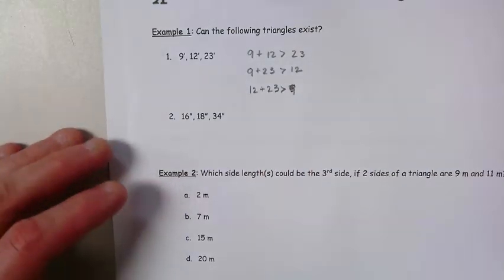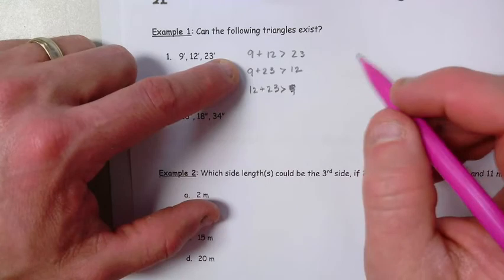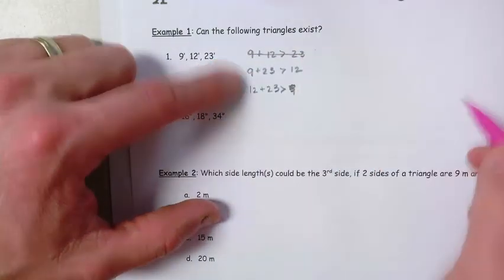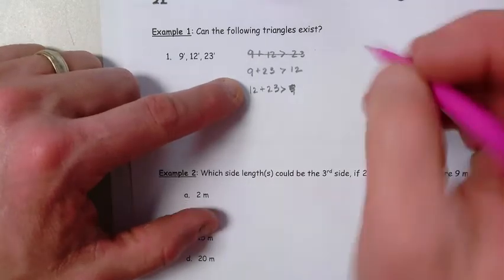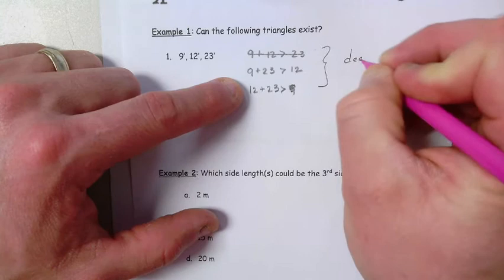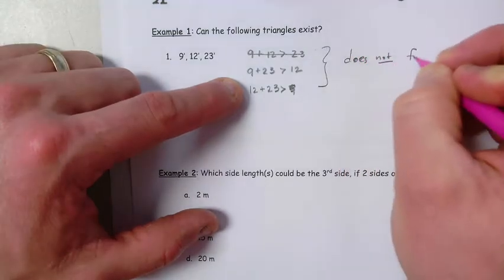Does this one work? 9 plus 12 is 21. That is not greater than the third side. So right now I could say that this does not form a triangle.